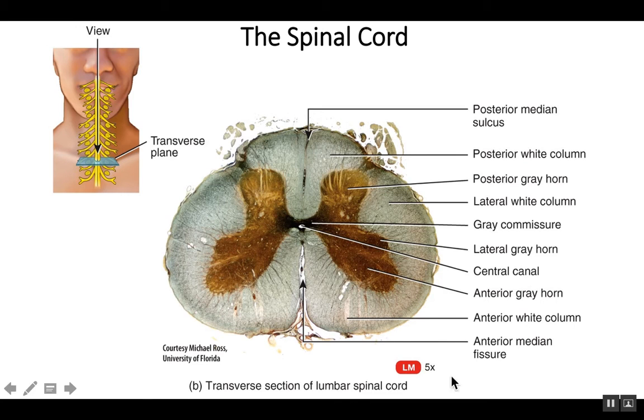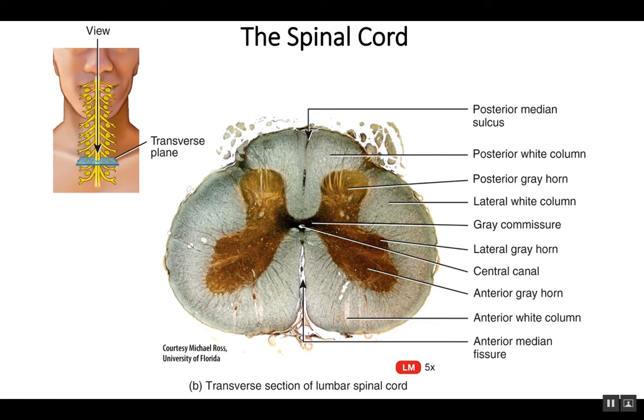Let's look at the internal structure of the spinal cord. This is a transverse section, and it says here of the lumbar spinal cord. You'll notice this picture would not be the lumbar spinal cord, but there is some variation throughout the spinal cord.